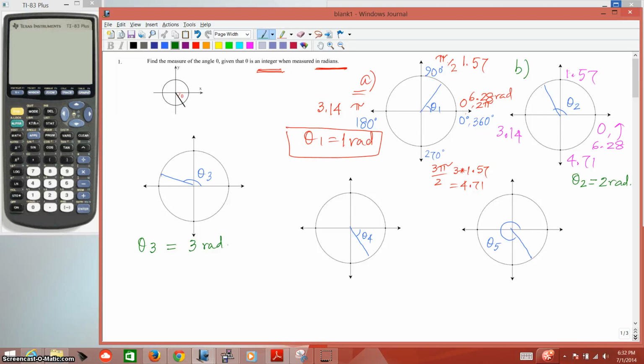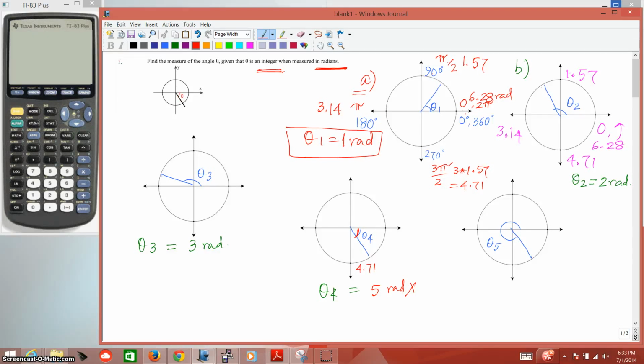Look at theta 4. Again, here I sometimes get an incorrect answer. The students sometimes think that since it's past 4.71, if I just label this one in radians, they come up with an answer of 5 radians, which is absolutely wrong in this case, because notice the angle I identified definitely turns out to be an acute angle, right?